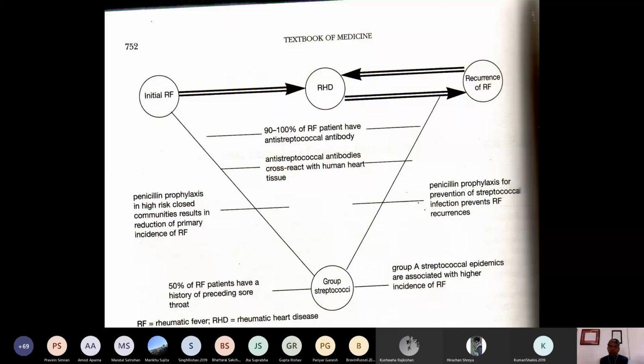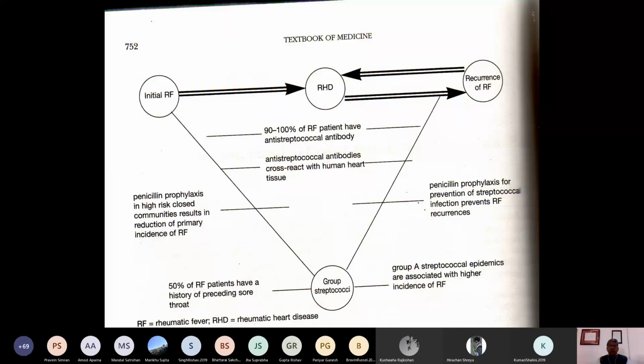Someone did a very interesting study. They stopped the recurrent infection by administration of penicillin, either as prophylaxis or as a treatment, and then they realized that there are fewer chances of anti-streptococcal antibody formation and there is less incidence of rheumatic disease and rheumatic heart disease. So in developed countries, the incidence of rheumatic disease and rheumatic heart disease is extremely low.